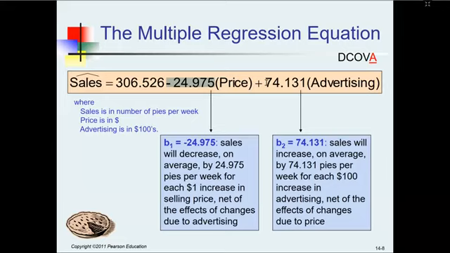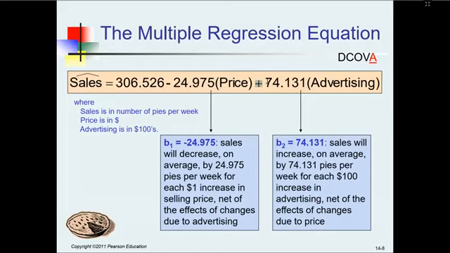Why? It's direct because the coefficient is positive. So there's a direct relationship between advertising and sales.